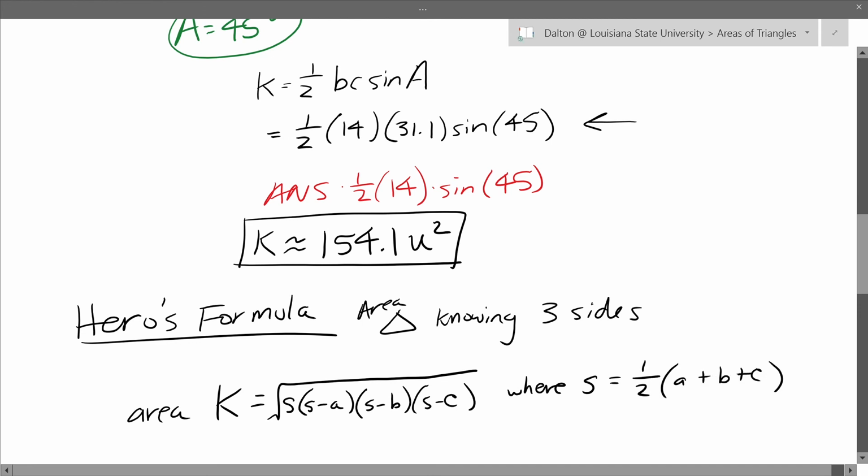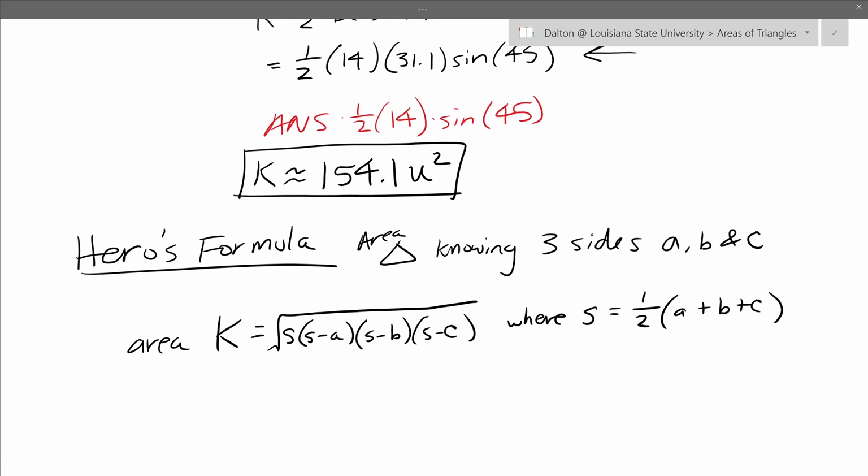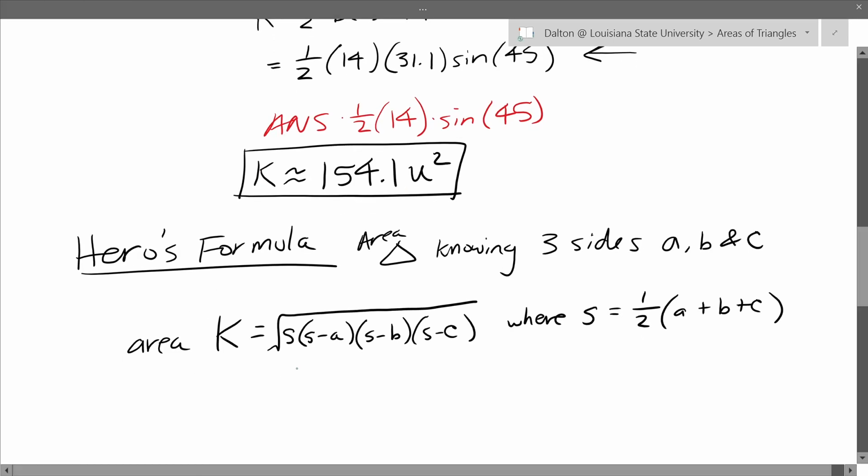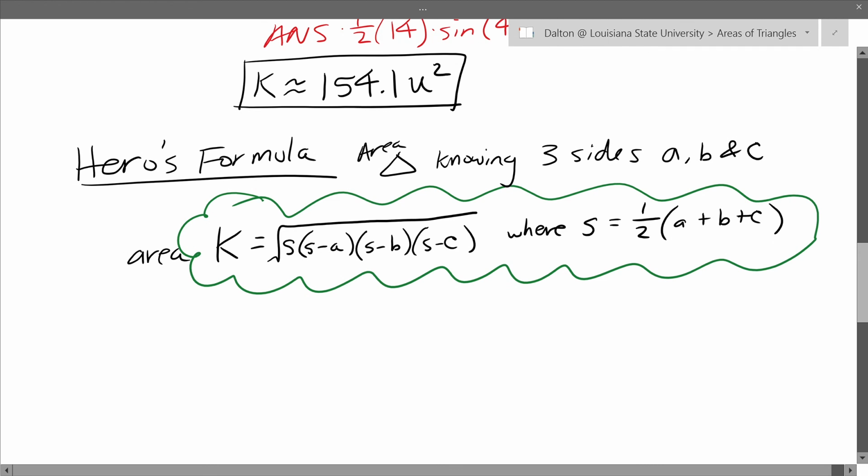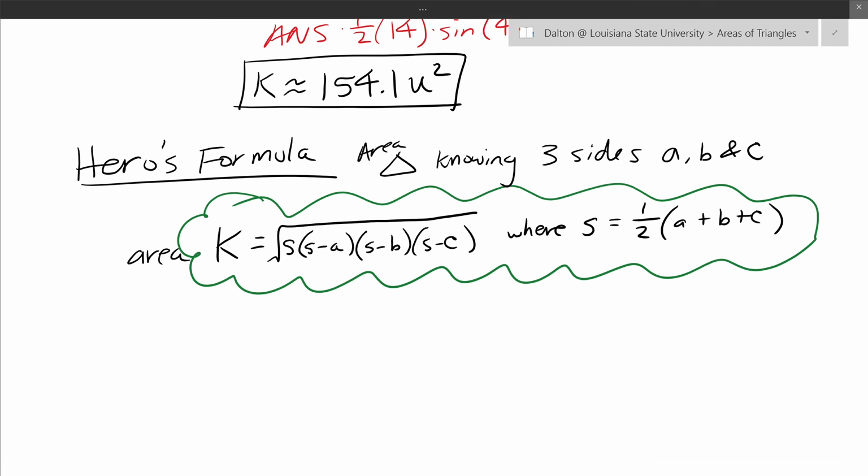And so again, this is knowing the three sides, a, b, and c. So this is Hero's formula. Pretty important. It deserves a bubble or a cloud or whatever that little squiggly thing is. And it's pretty simple, straight plug and chug. Again, I encourage you to go look at the video of the proof as to why it works, because it's pretty powerful.